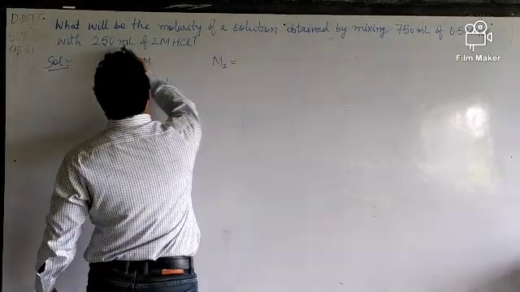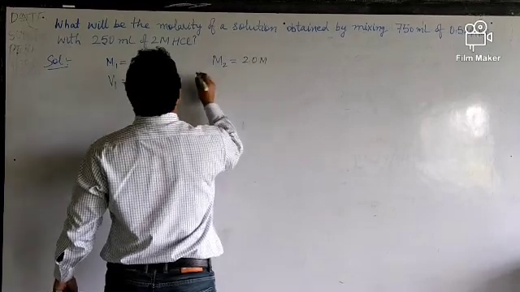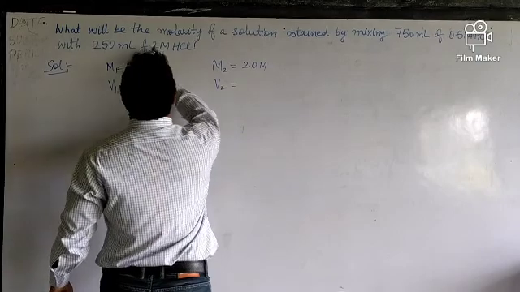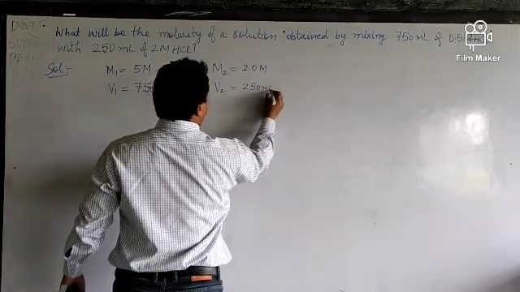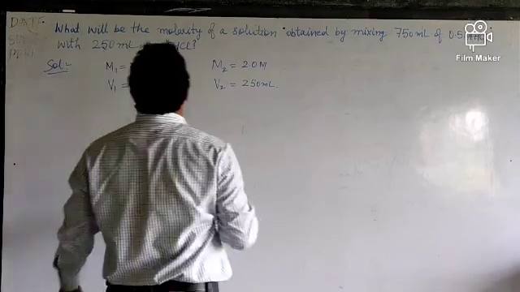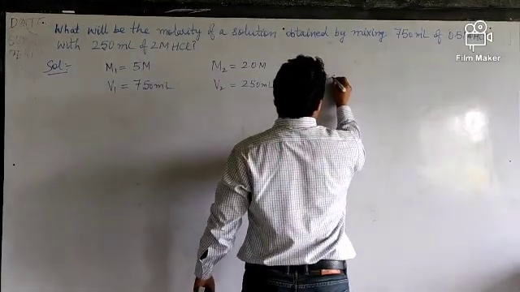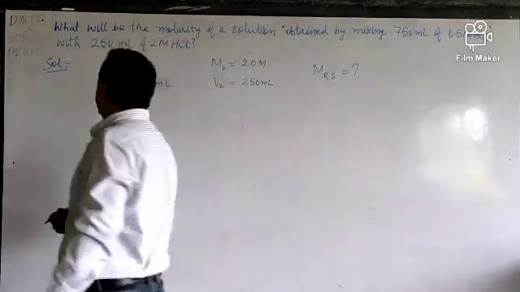It is mixed with the 2 molar solution. And what is the volume here? V2 is equal to how much? It is 250 milliliter. And what have we been asked? We have been asked the molarity of the resultant solution.